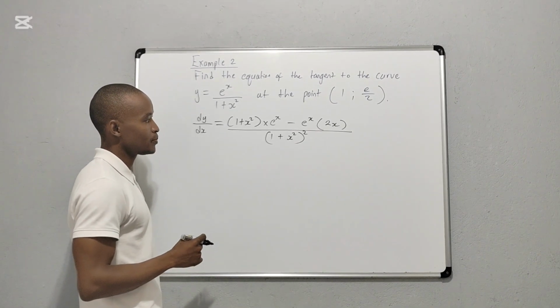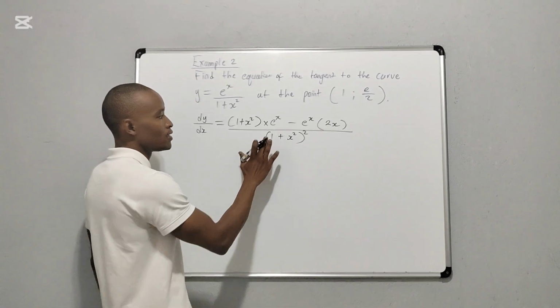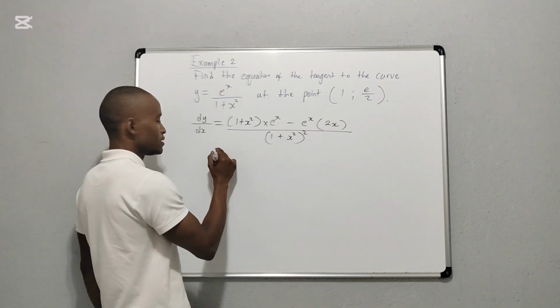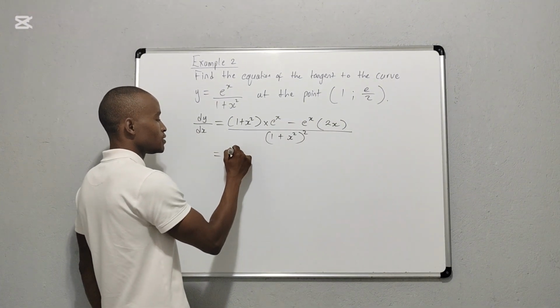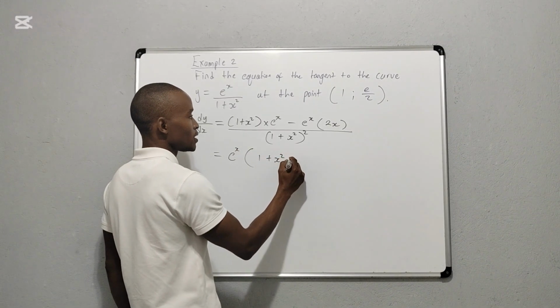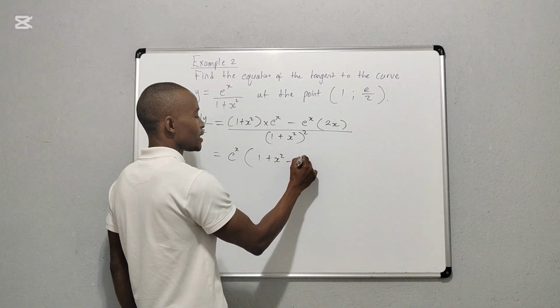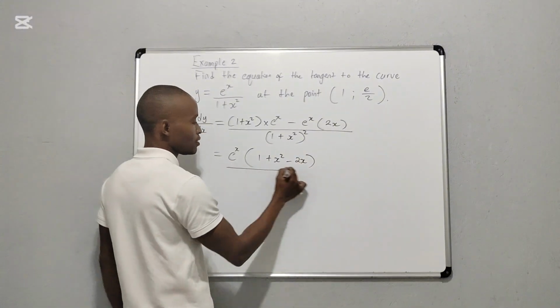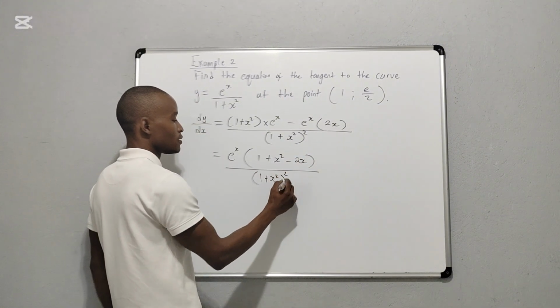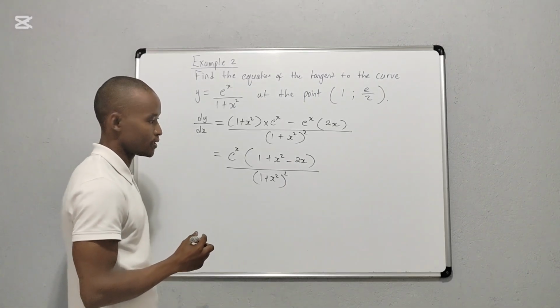Okay, let us clean up and see if we can simplify. Well, e to the x is our highest common factor here. We can definitely take it out. e to the x, we are left with 1 plus x squared, minus 2x, over 1 plus x squared, squared. Right.